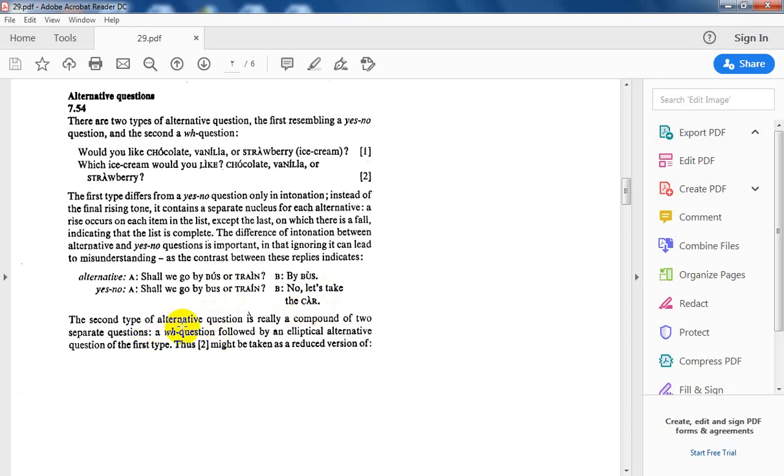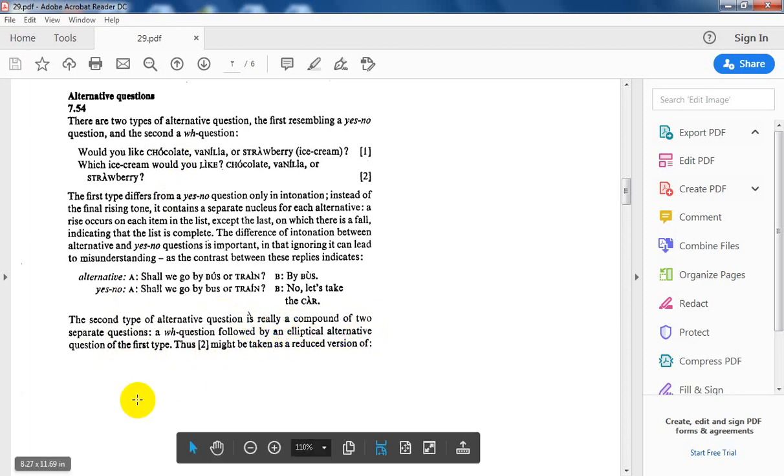The second type of alternative question, after the first type that resembles the yes/no question, is really a compound of two separate questions: a WH question followed by an elliptical alternative question of the first type.